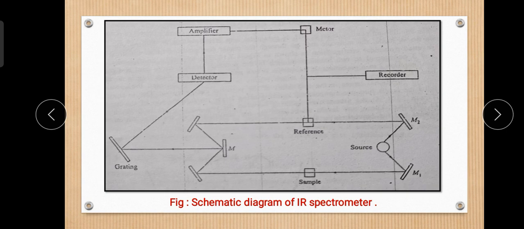After amplifying that signal there is a recorder, and the recorder records the signal and we get the IR spectra of that particular sample. So in this way we arrange all the components, and that is the schematic diagram of the IR spectrometer.